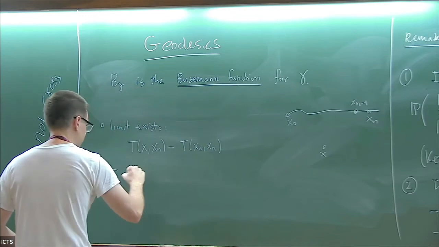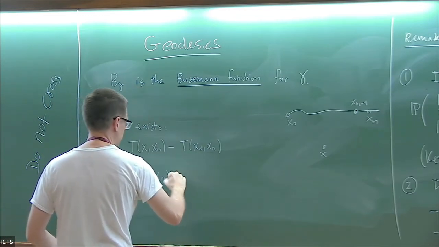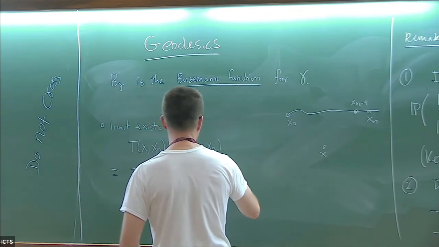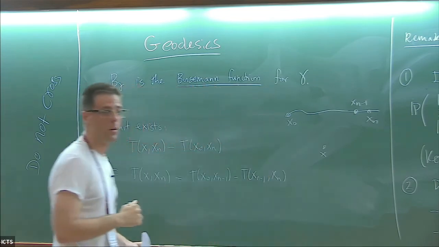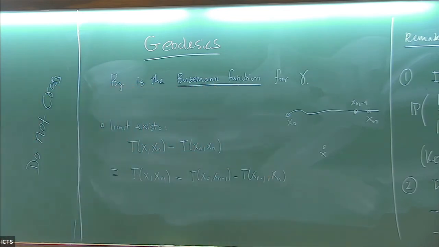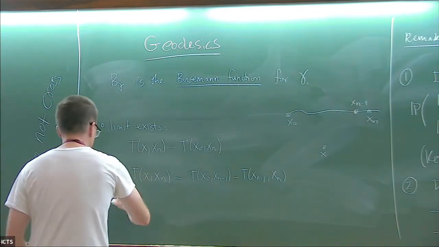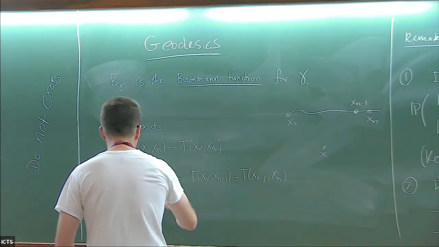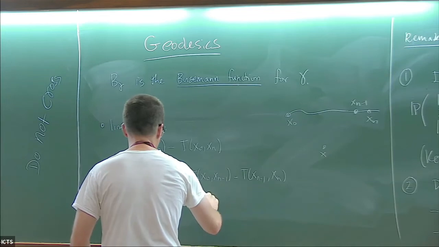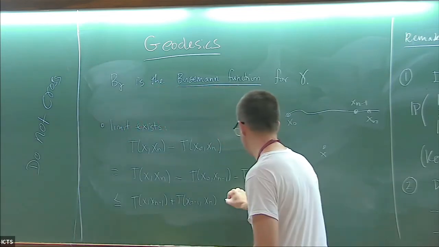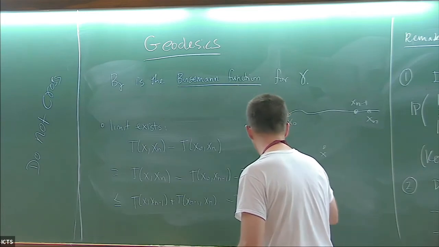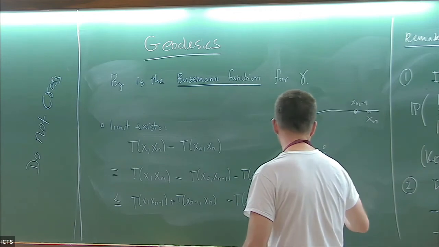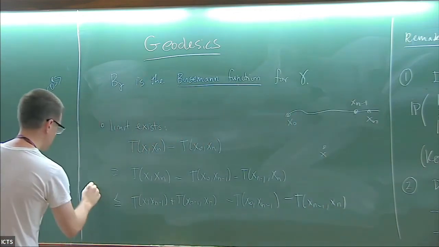Okay, so we're going to keep xn the same, but write this as T(x, xn) minus T(x0, x(n-1)) minus T(x(n-1), xn). That's just from additivity along the geodesic. And now we're going to use the triangle inequality for the first term, bounding it above by T(x, x(n-1)) plus T(x(n-1), xn), and keep the other two terms the same.